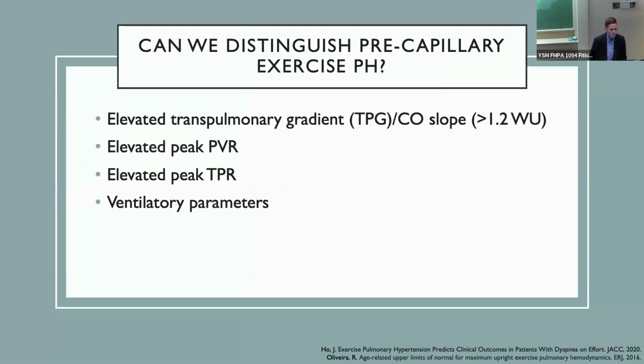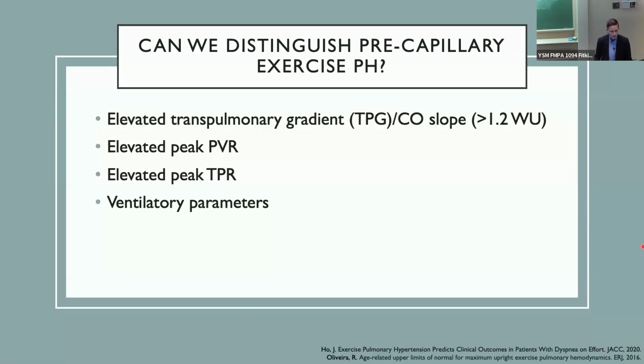Additional hemodynamic measures to discern precapillary exercise pulmonary hypertension are more conceptual. These include an elevated transpulmonary gradient to cardiac output slope greater than 1.2, an elevated peak pulmonary vascular resistance or total pulmonary resistance, as these values may indicate remodeling with stiffening of the pulmonary vasculature.